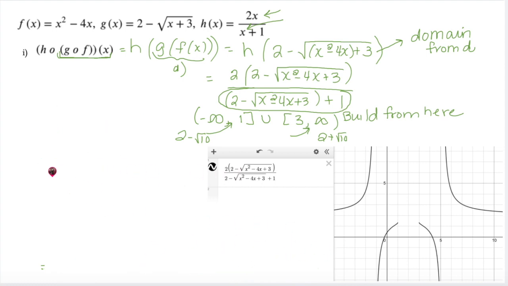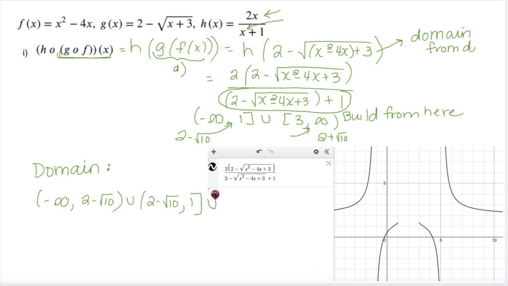Our domain then will be from negative infinity to 2 minus the square root of 10, excluded because it's an asymptote, from 2 minus square root 10 until we reach 1.